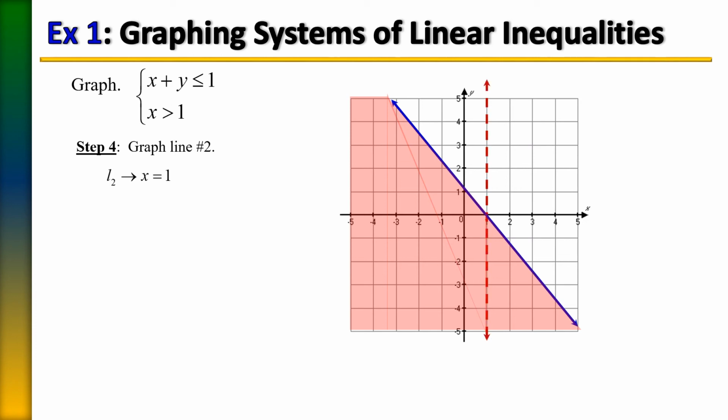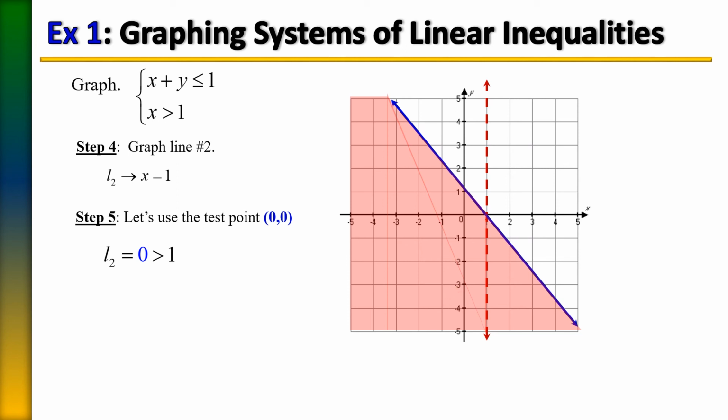And so now we have to decide, are we going to shade to the left of that vertical line, or are we going to shade to the right of that vertical line? Well, all we have to do is plug in our test point of 0, 0, which is the same thing as the left side of this line.